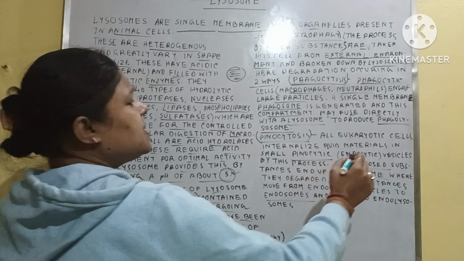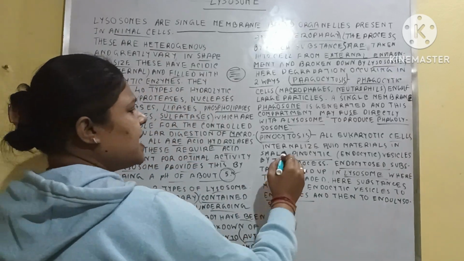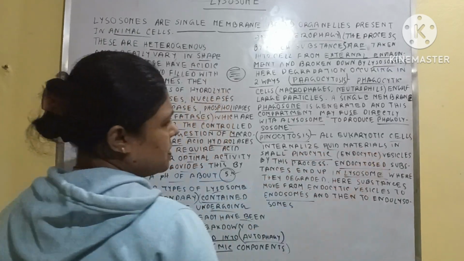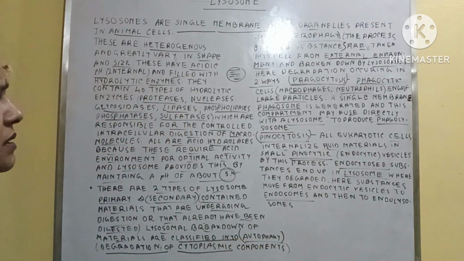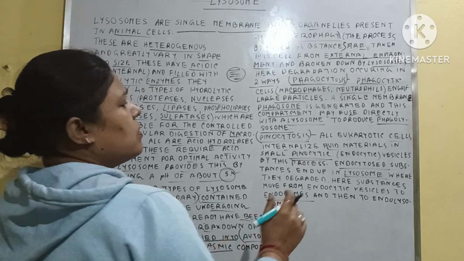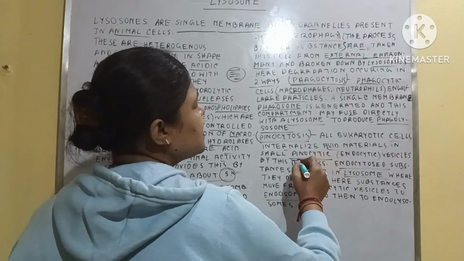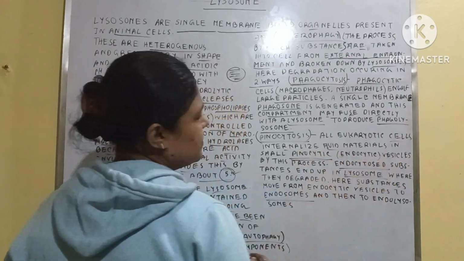The second one is pinocytosis. Here, generally the eukaryotic cells internalize fluid materials in small pinocytic vesicles, or endocytic vesicles.